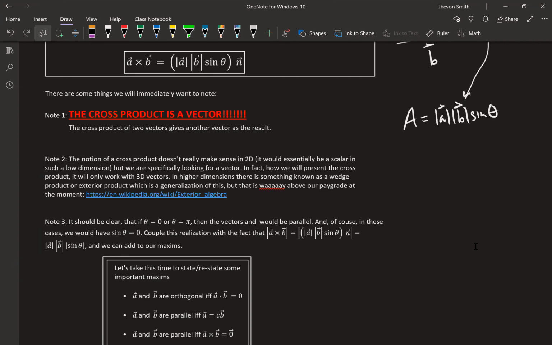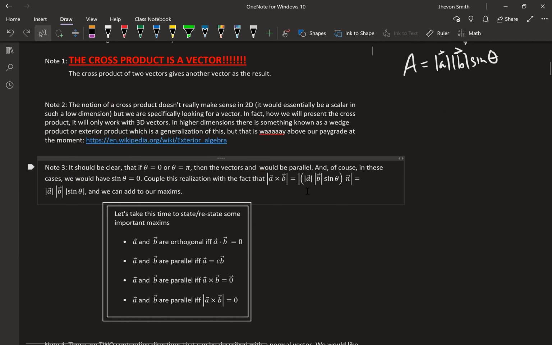The cross product takes 2 vectors and outputs a 3rd vector. That vector will be orthogonal to both vectors in the product, and the magnitude of that vector will be the same as the area of the parallelogram formed by the 2 original vectors. This immediately gives us something. The magnitude of A cross B is going to be the magnitude of this expression, which is of course going to be the magnitude of A, magnitude of B, magnitude of sine theta.